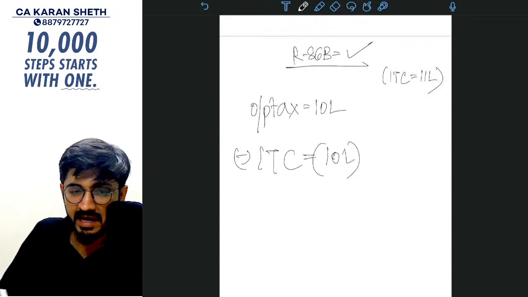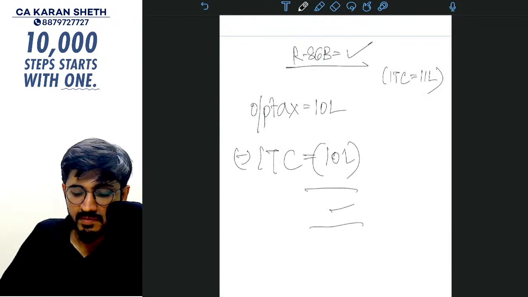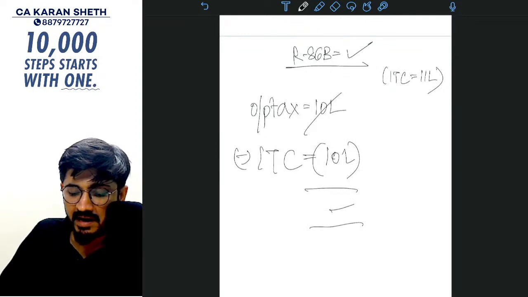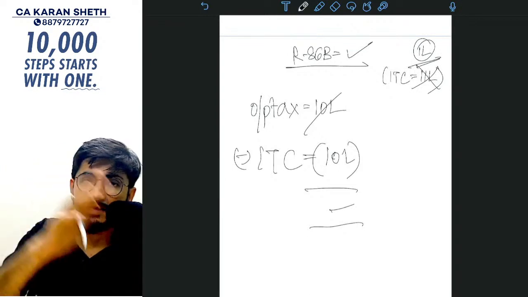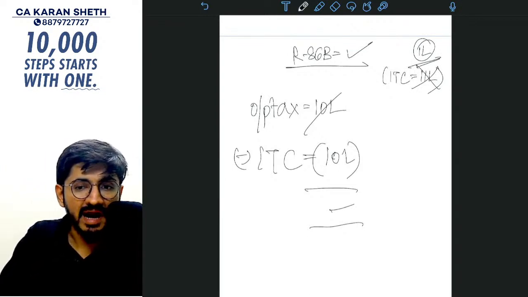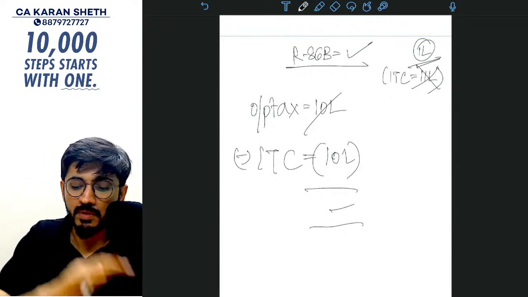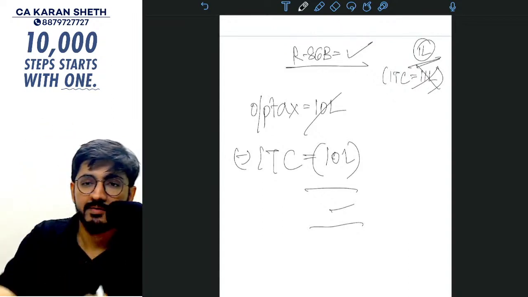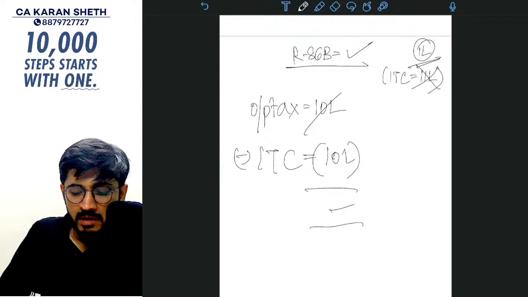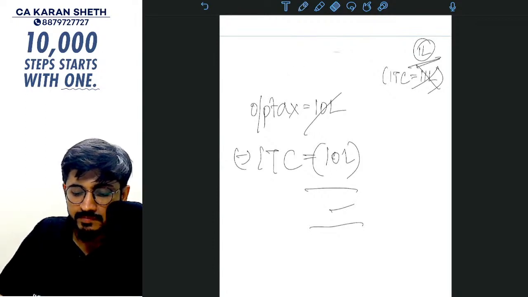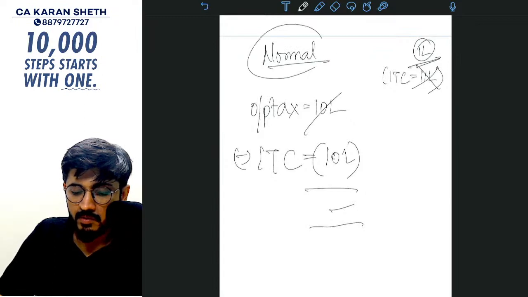We will take the entire ITC, knock off the entire liability, and the ITC that will be carried forward is of 1 lakh. Correct? That's how you will function. This is normal scenario. This is how normal scenario things will pan out.